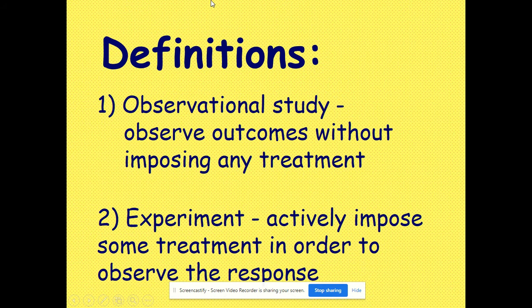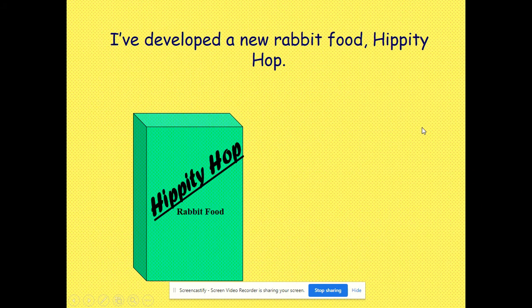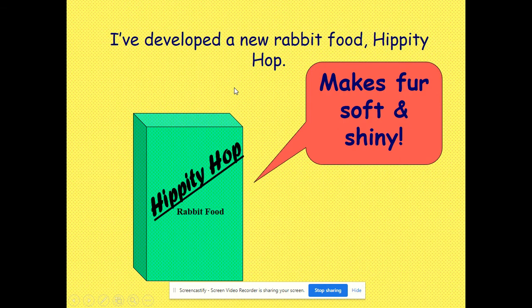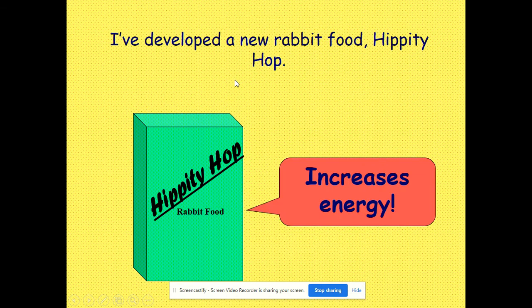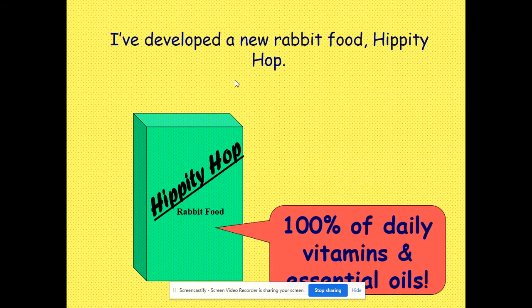So at this point, I'm going to talk through a theoretical, strange example. Let's say theoretically that I have developed this new rabbit food called Hippity Hop. And I say things like, it makes their fur soft and shiny, it increases their energy, 100% of daily vitamins and essential oils.